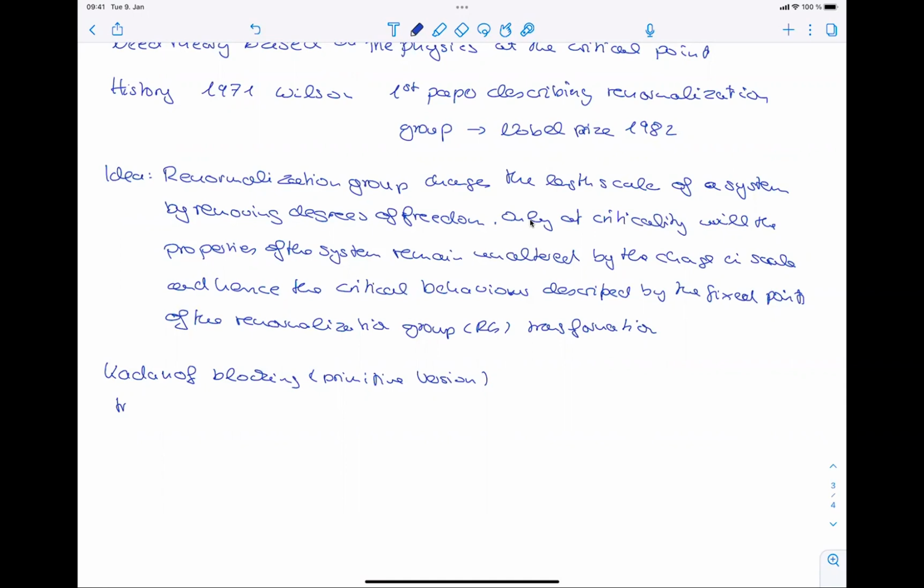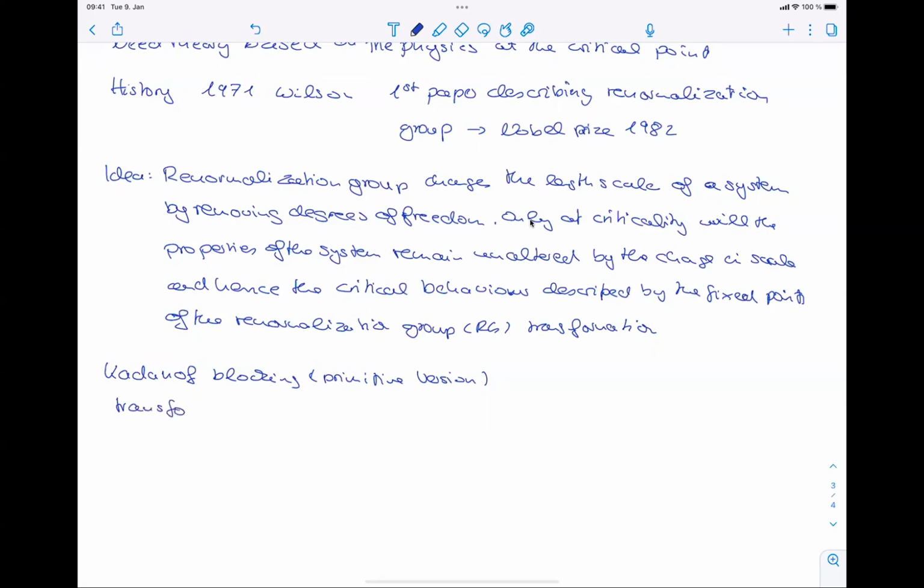But I learn about how the system would approach criticality, and thereby I can identify these fixed points of the system. So I generate the dynamics of the system by changing these length scales, and because I have access to the dynamics of how the system behaves as I move away, I can also see how it would move toward and identify these fixed points, and at the fixed points I really just have the equations that describe the behavior at criticality.